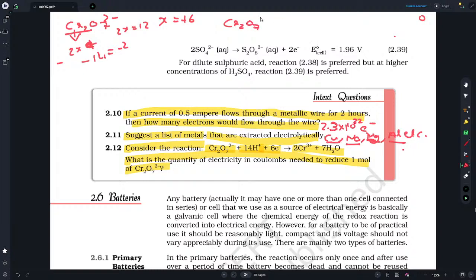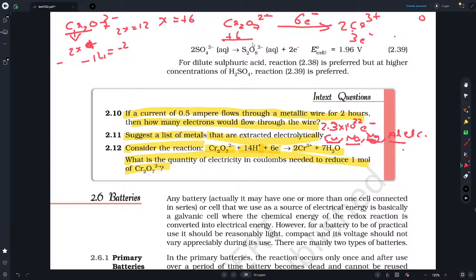Cr2O7 2 minus going from plus 6 to 2Cr3 plus requires 6 electrons. Since a single chromium 3 plus ion needs 3 electrons, 2Cr3 plus ions need 6 electrons.